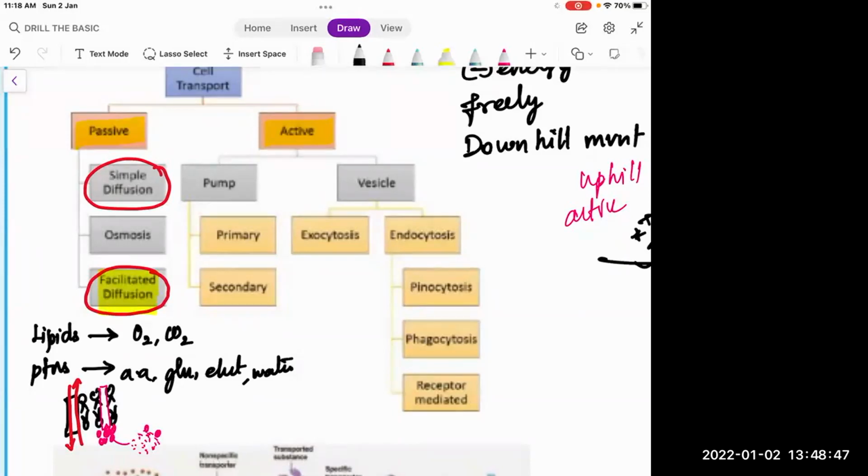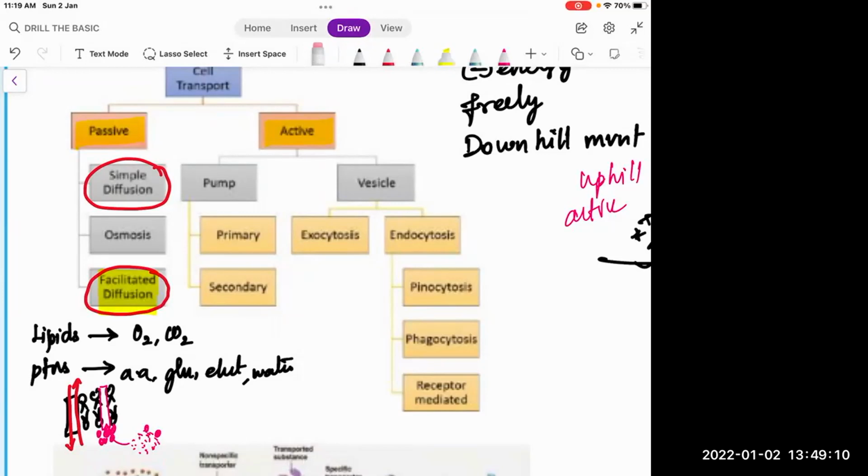This facilitated diffusion also happens passively, with the help of some carrier molecules. So a carrier molecule is required in facilitated diffusion, which is a passive transport. So that is the passive transport mechanism.